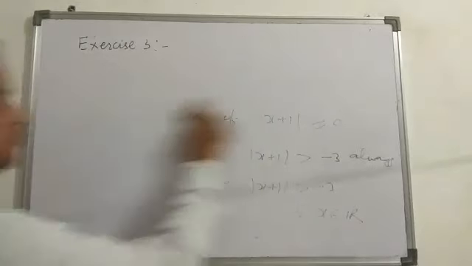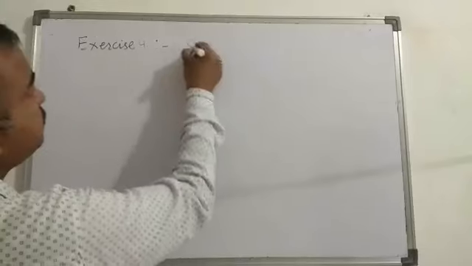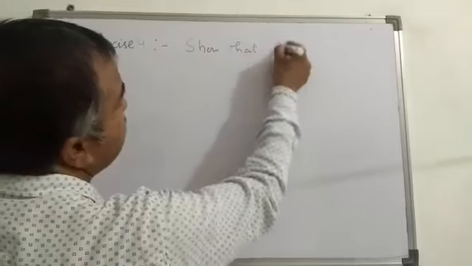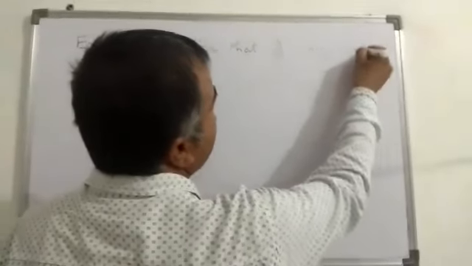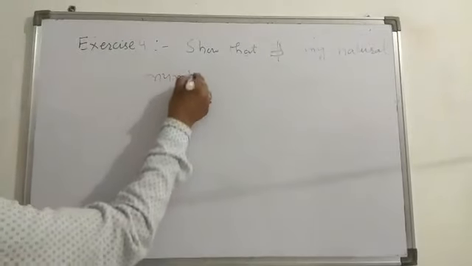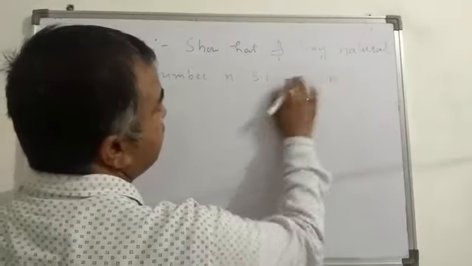Next, exercise 4. Show that there does not exist any natural number n such that n less than 1.